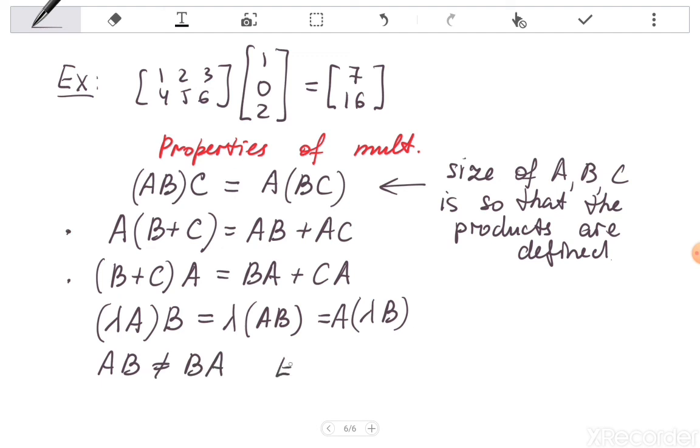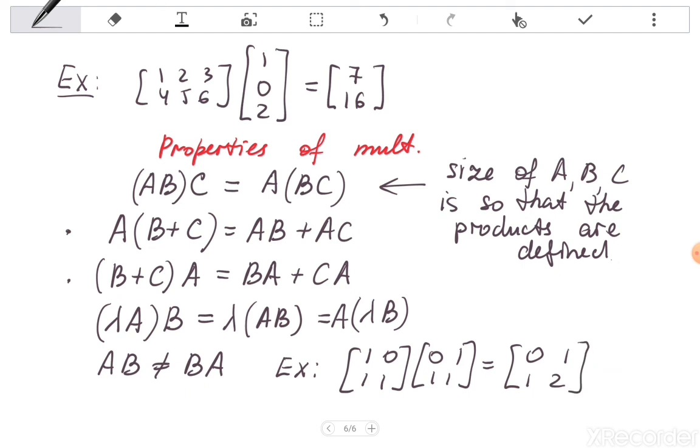For example, just take simple matrices like 1, 0, 1, 1 times 0, 1, 1, 1. So we get the matrix 0, 1, 1, and 2.